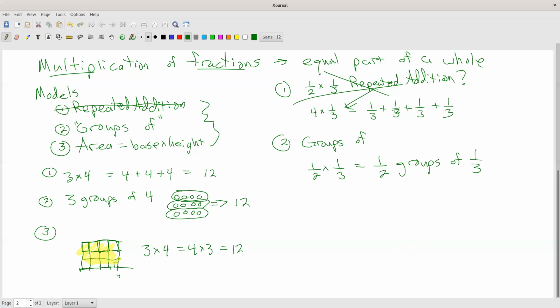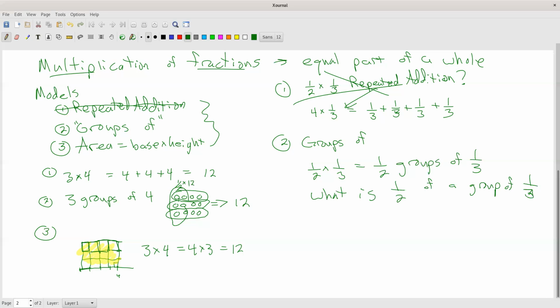I could come over here and say, well, here's half of 12 right there. And then I certainly know what 1/3 looks like. So for this one right here, I want to find what is a half a group of 1/3. So what is 1/2 of a group of 1/3?